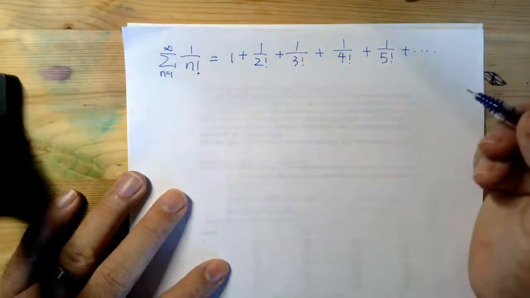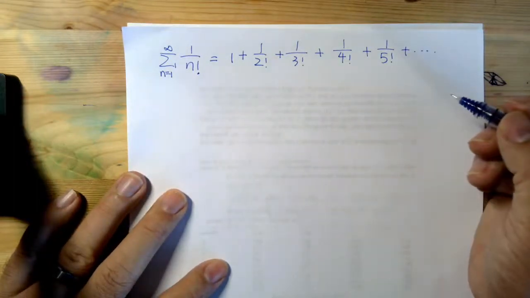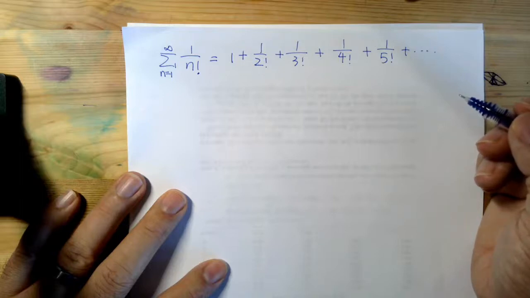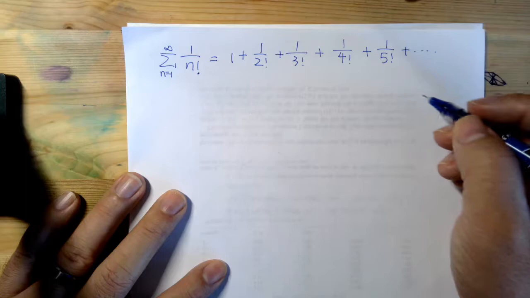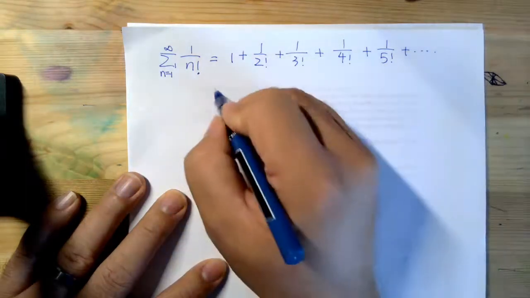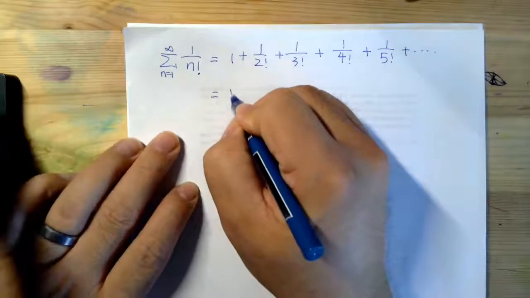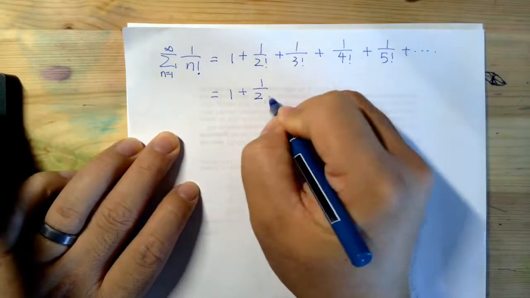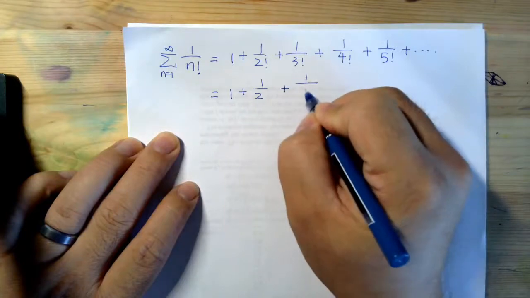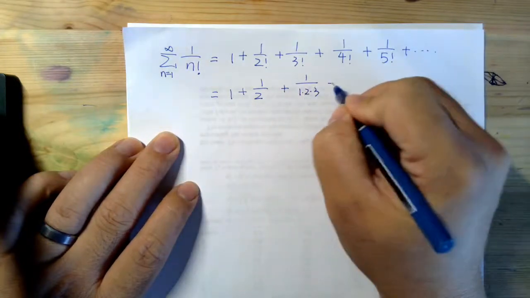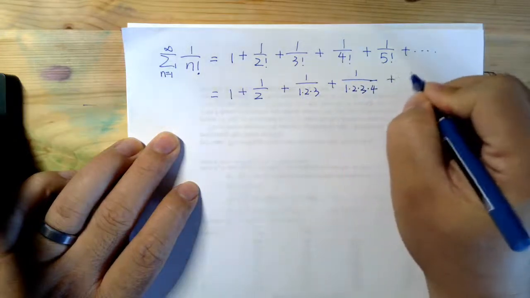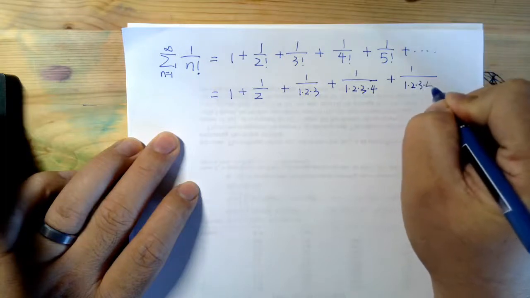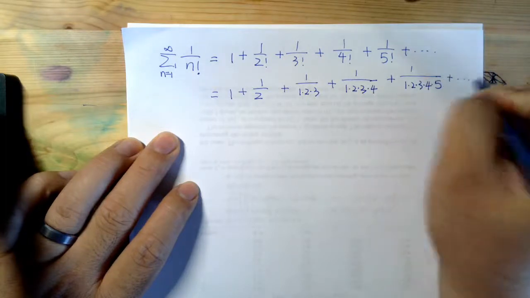So now to construct this comparing series, what we observe here is, if I expand it again into 1 over 2 plus 1 over 1 times 2 times 3 plus 1 over 1 times 2 times 3 times 4 plus 1 over 1 times 2 times 3 times 4 times 5. Okay, and then dot dot dot.